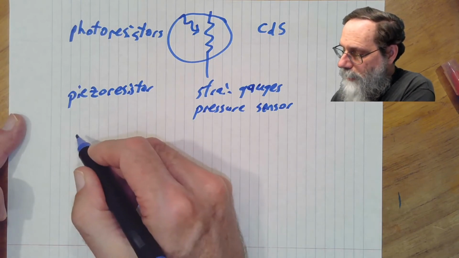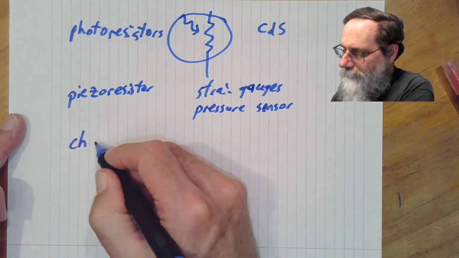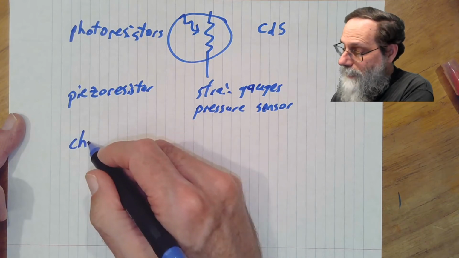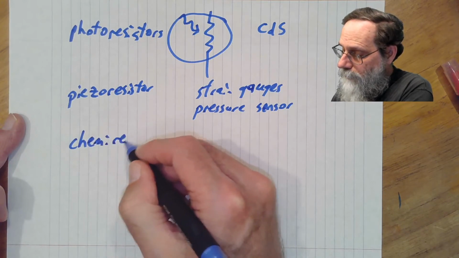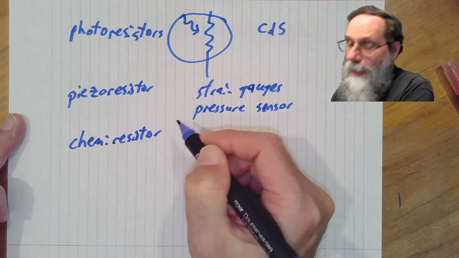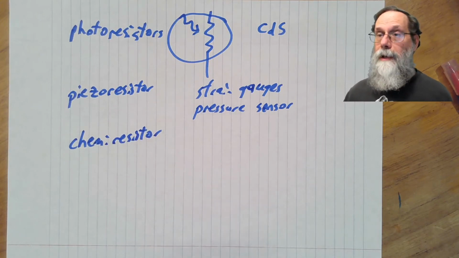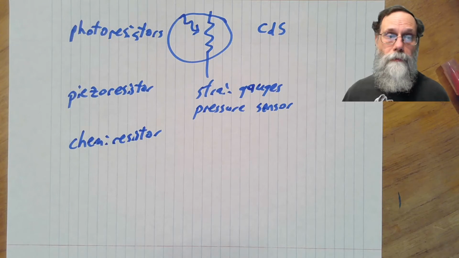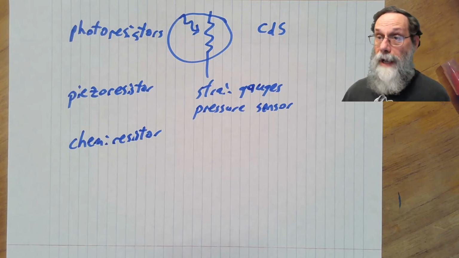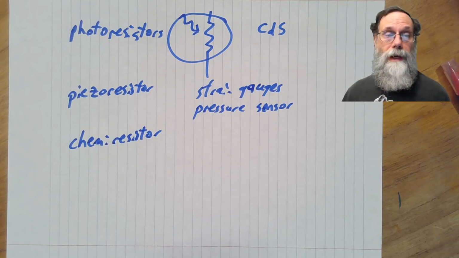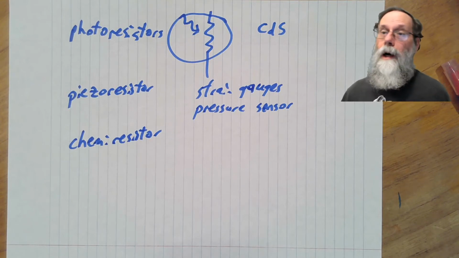Perhaps the most interesting one from a biology standpoint is the chemiresistor. A chemiresistor, as its name implies, changes its resistance based on some chemical detection. A lot of these are gas detectors. They detect things like alcohol, carbon monoxide, methane, hydrogen.